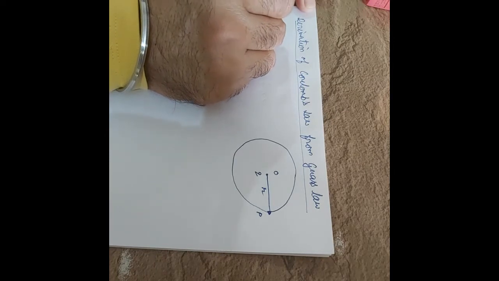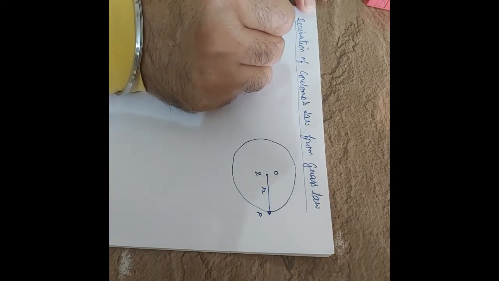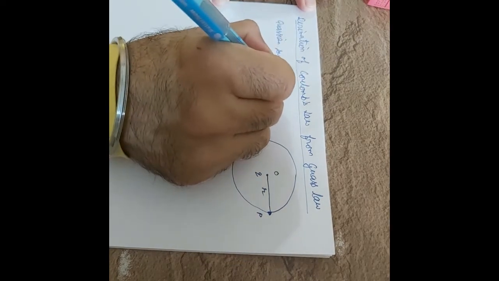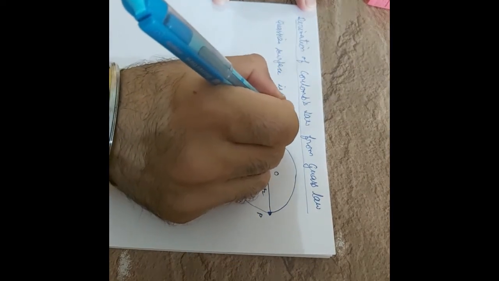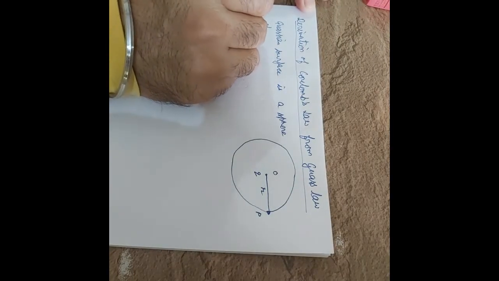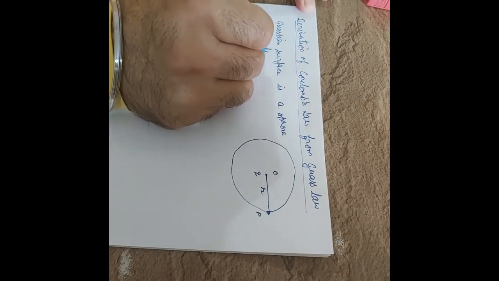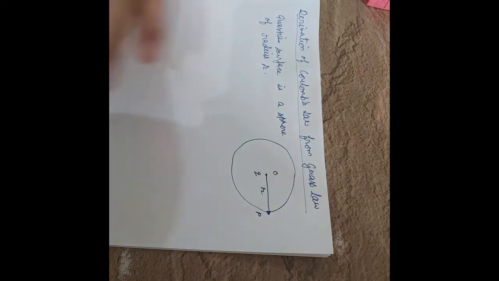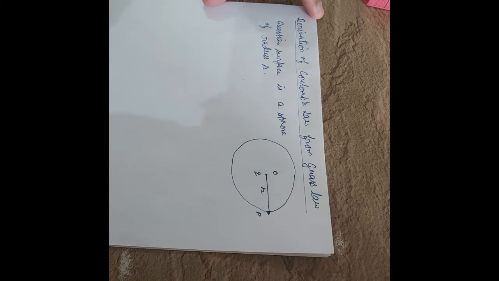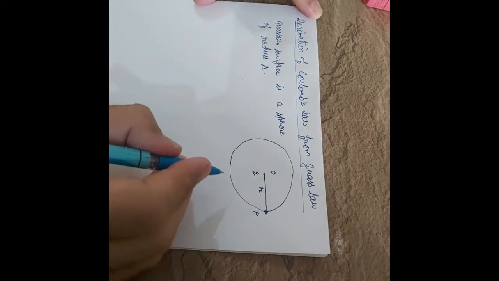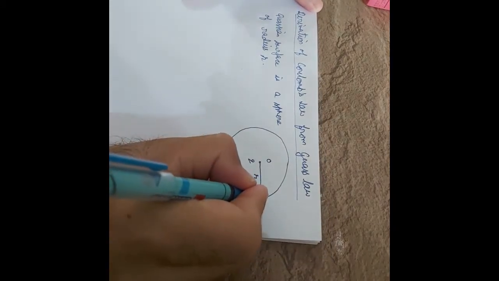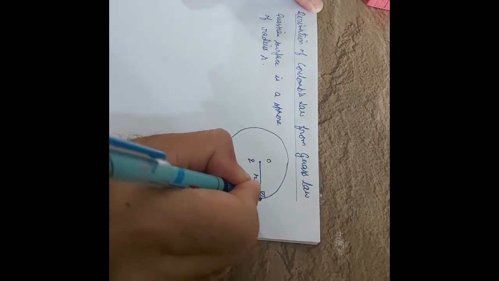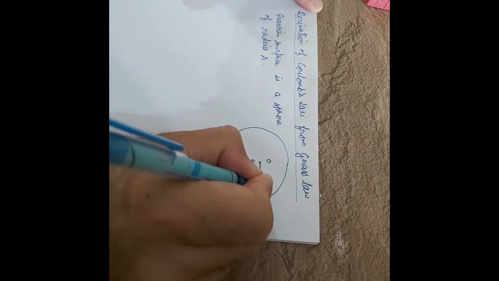So the Gaussian surface is a sphere of radius R. To apply the Gauss law, we will consider a small area ds.